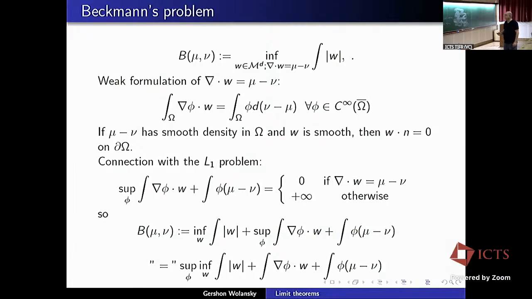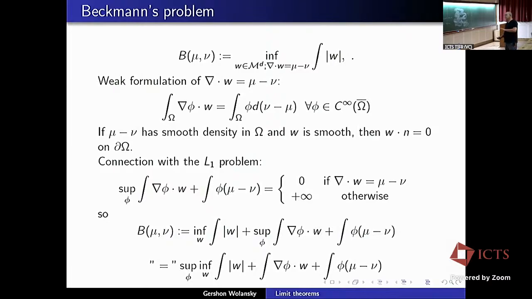So we can write B, the infimum of this, as the infimum over all W without any constraint, plus the supremum over phi of this functional, which is, like we said, either zero or infinity. So obviously, the infimum will not be obtained where this value is infinity.